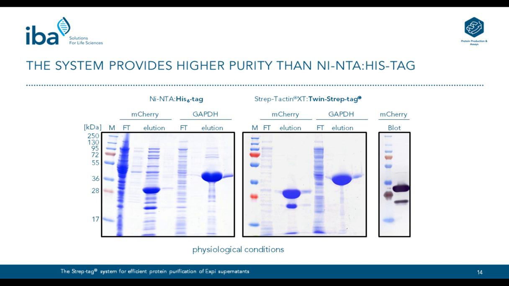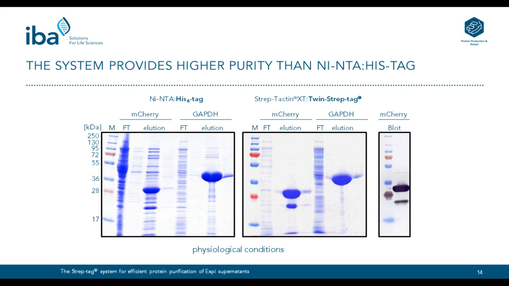In contrast, if you use Strep-Tactin XT, you can see that we achieve nearly 100% pure protein for the mCherry purification. And on the right side, you can see the Western blot that detects both bands, proving what I said, that the lower band is just a fragment of mCherry also tagged, and therefore in this special case we cannot remove this fragment.